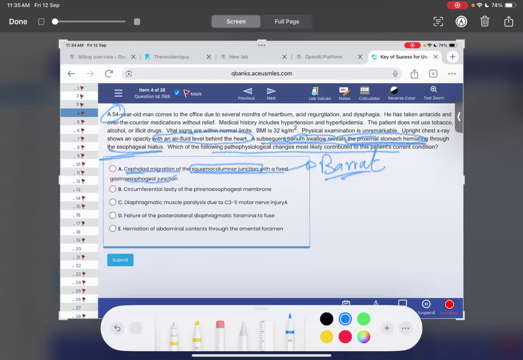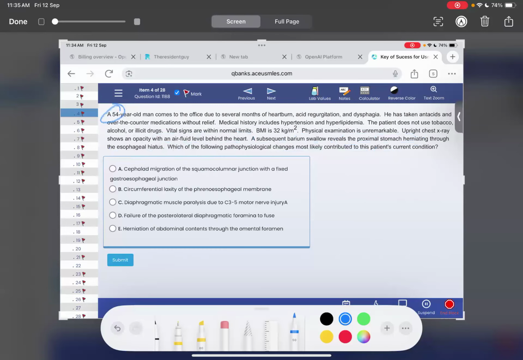So let's discuss briefly the hiatal hernia, the types of hernia, and a little anatomy, so that you are clear about what is going on in a hernia.